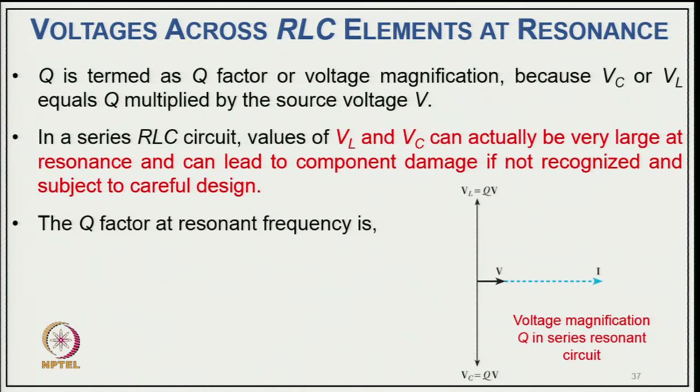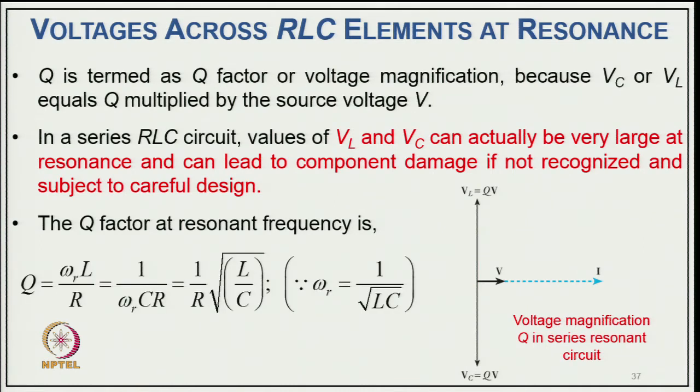The Q factor at resonance frequency is Q equal to omega_r L upon R, or 1 upon omega_r C R, or 1 upon R under root L upon C, where omega_r equals 1 upon root L C. Here you can see the applied voltage is small, but the current is substantially large. If current is large, then V_L and V_C are both quite large, so they are magnified by Q into V. Q in many cases can be greater than 1, so that amplifies the voltage.